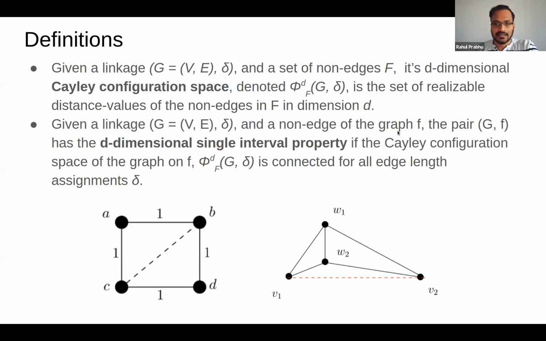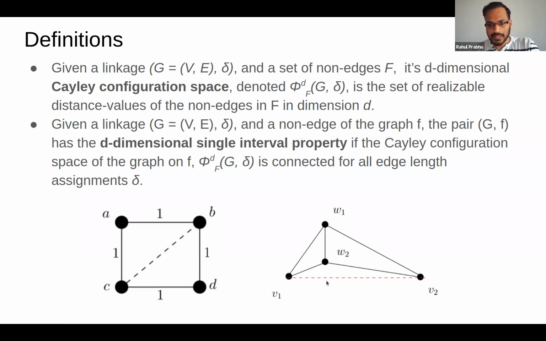Given a linkage and a non-edge of the graph F, the pair G, F has what we call the d-dimensional single interval property if the Cayley configuration space of the graph on F is connected for all edge length assignments delta. Again, this is an example where for your non-edge F, this has the single interval, so it just takes a single interval from 0 to 2.